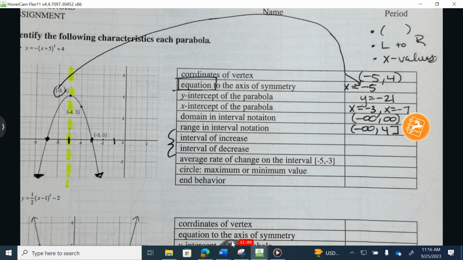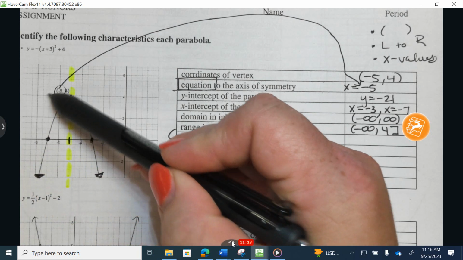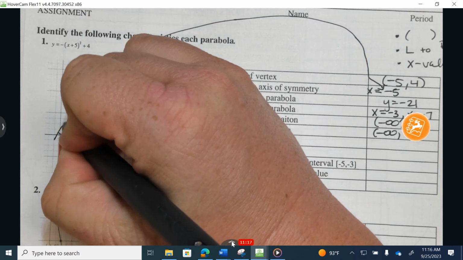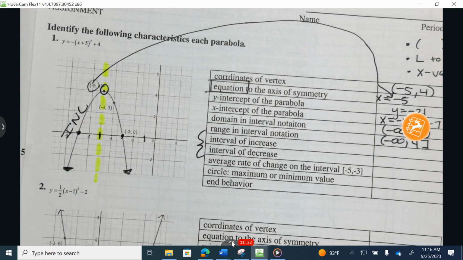Okay. So from left to right, would you say you're going up or down here from left to right? Up. And up is like increasing. So I'm going to come off the side and write increasing. Now, when you get to the top of this mountain, are you increasing or decreasing? Neither. You're taking a rest. You've stopped.